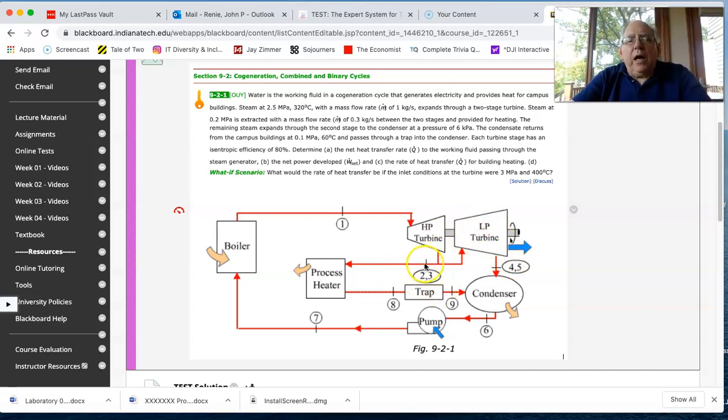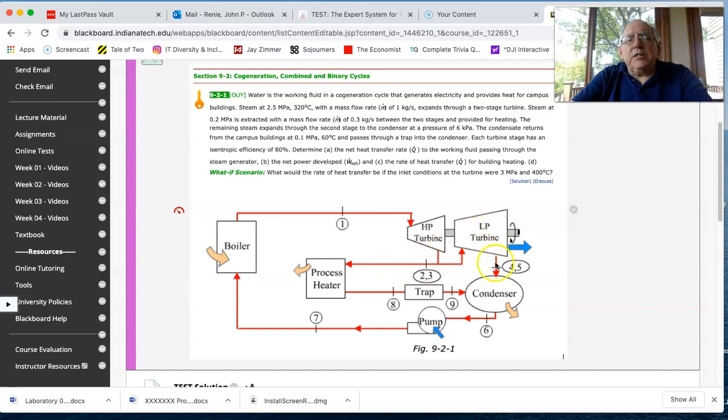So we developed a state 13 corresponding to the 0.3 kilogram per second of fluid that came over to the process heater, and a state 23 that was the remaining 0.7 that went over into the low pressure turbine.